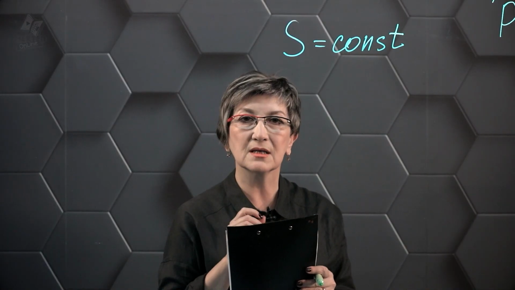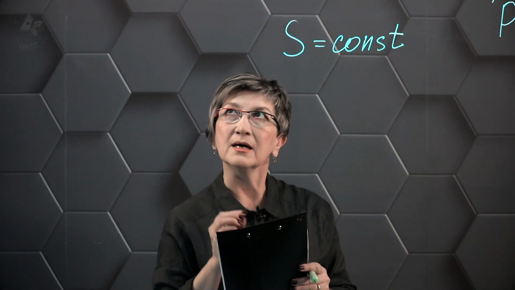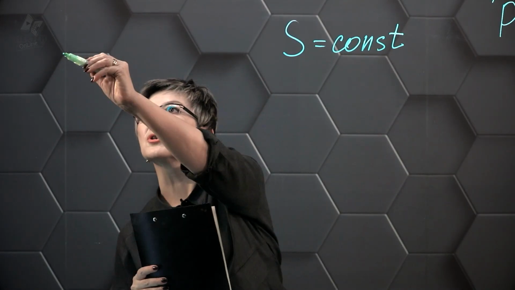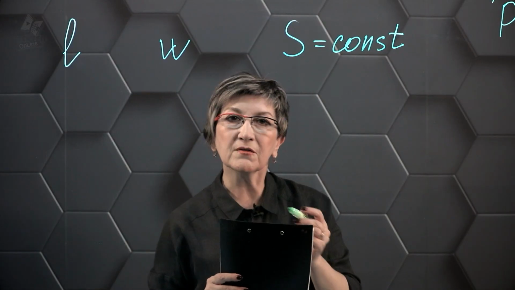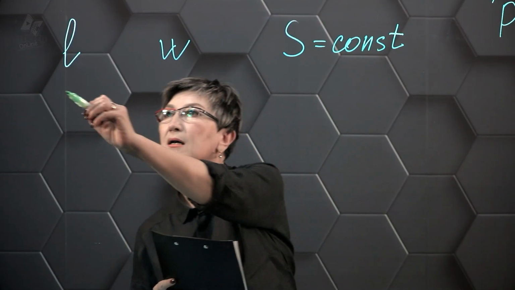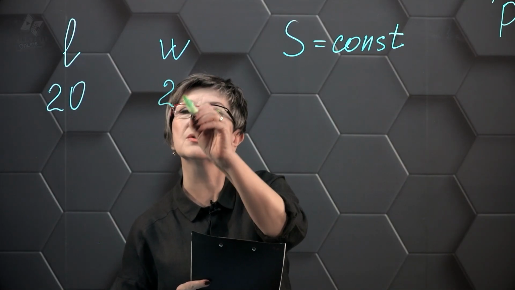The condition of this problem says that there are two quantities, length and width. Let's write down length and width. In the first rectangle, the length is 20 centimeters and the width is 2.4 centimeters.